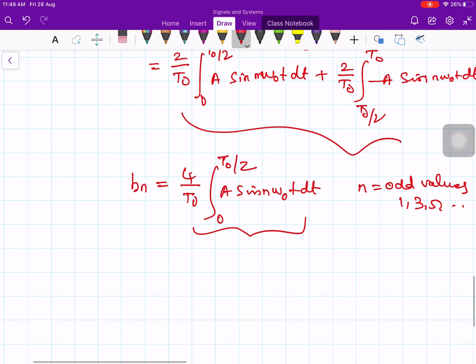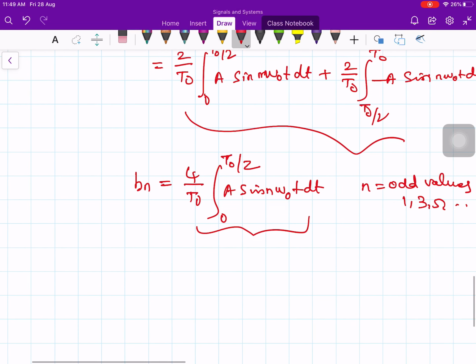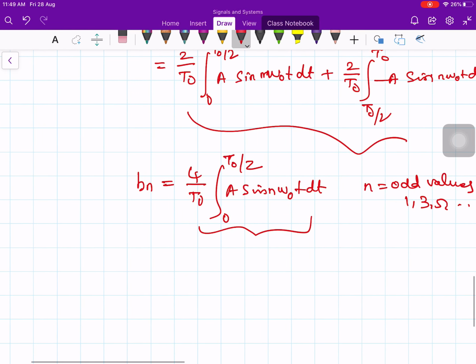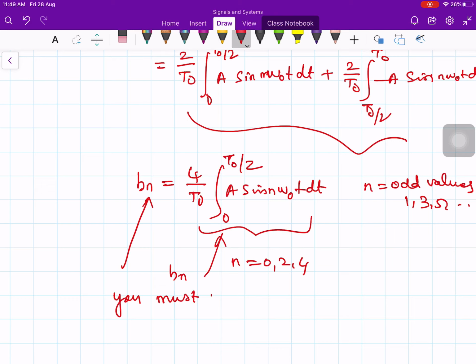You must be careful in writing this. You cannot use this for even values of n. You should not say Bn equals this for even values of n. Even if you substitute even values, you will get some value, but that will give the wrong result. You should not substitute n equal to 0, 2, 4 like that.